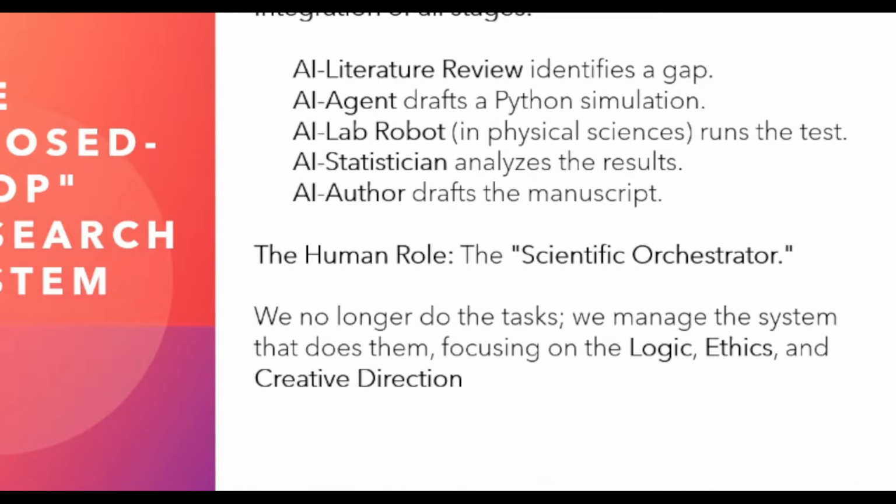But your role is the orchestrator. That means we no longer do the tasks, but we manage the system that does them. Our focus should be on the logic, ethics, and creative direction. So you can go to next.